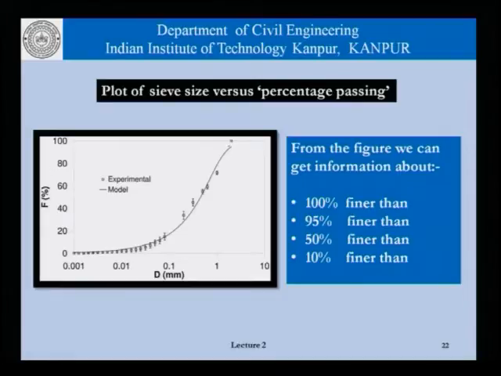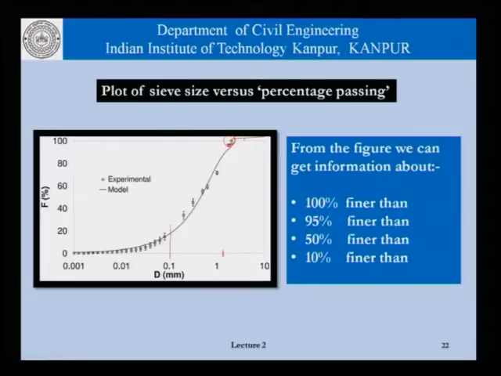So, basically what it says is that there will be a particular sieve size here, and all the particles will be finer than that, that is, nothing will be retained on those sieves. Similarly, if we come to any other number here, we get the percentage of particles which are finer than that number.